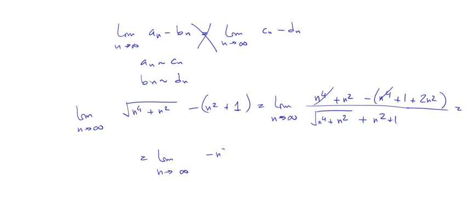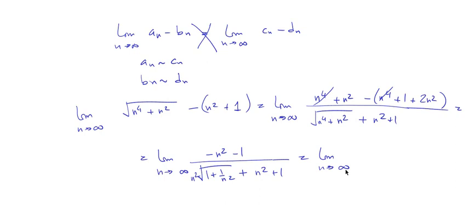So you have minus n squared minus 1 in the numerator, and then you could have n squared here, as we just said, okay? And then you have n squared plus 1, right? If you divide everything by n squared, you have minus 1 over n squared, and then you have the square root of 1 plus 1 over n squared plus 1 plus 1 over n squared.